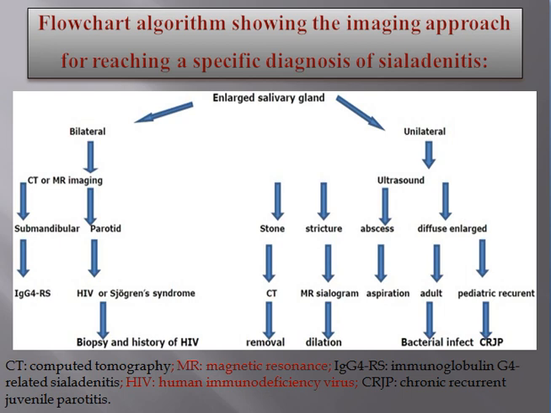Diffuse enlargement, according to the age of the patient, adults or pediatric, and then, of course, treatment. Bilateral, usually that is not simple inflammation. It can be, for example, immunoglobulin disorders or Sjogren's syndrome or HIV sialadenitis.